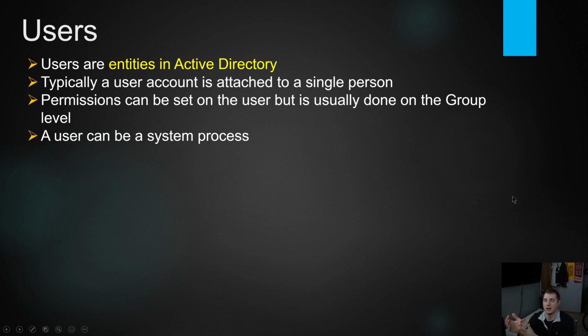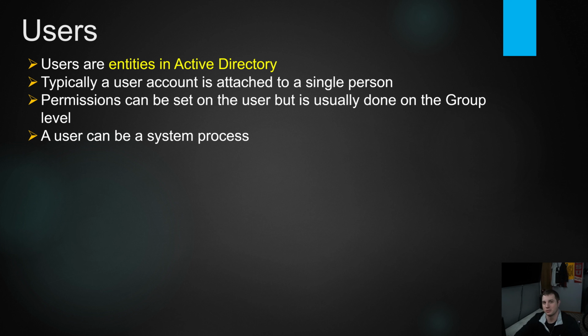So here we go. Users are entities in Active Directory. So this means that it could be a system process. It could be basically anything that you want to identify as something. Most of the time it's going to be a person, but it doesn't mean that it can't be any type of process that you're looking for.